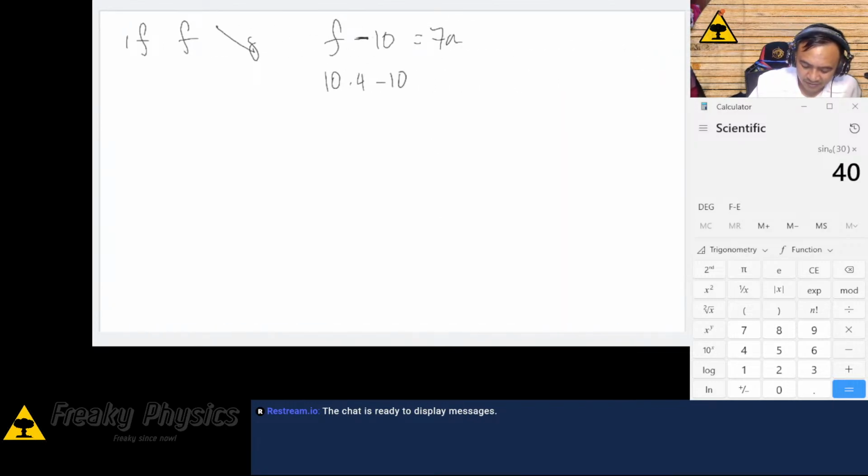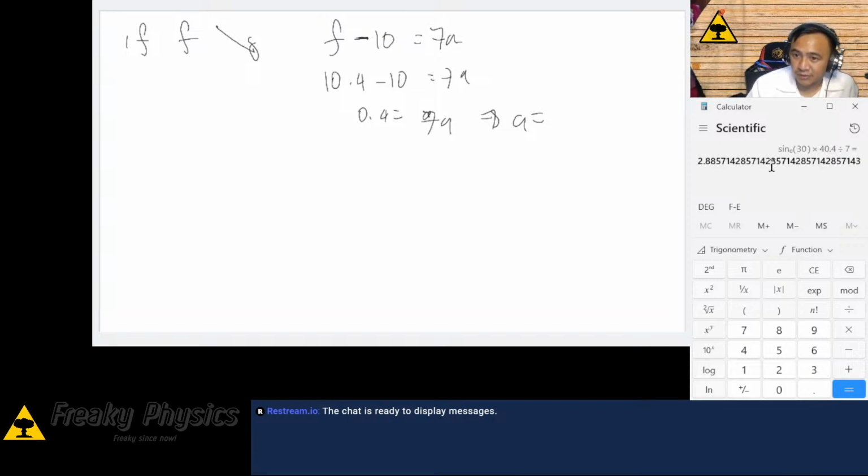Then minus 10 equals 7a. 0.4 equals 7a. And from here, the acceleration is 0.4 divided by 7. 0.4 divided by 7 is 0.06, a positive value.